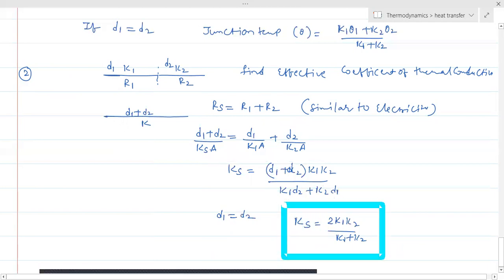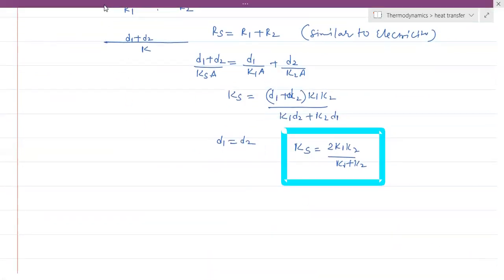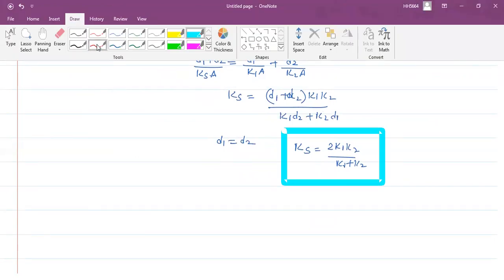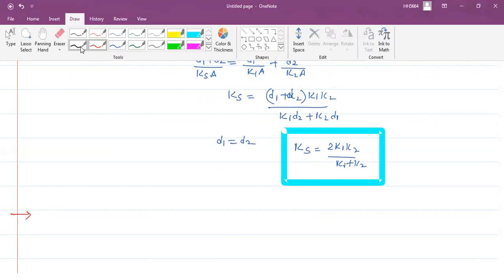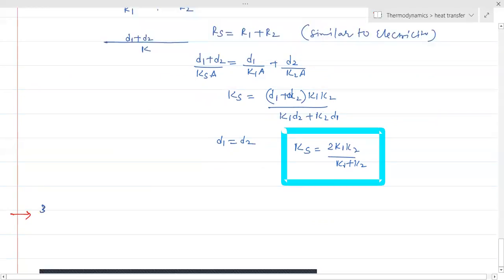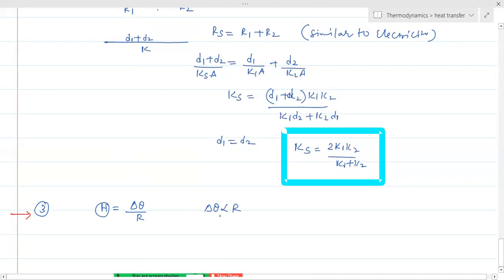So this you have to remember: Ks equivalent to 2K1 K2 by (K1 plus K2). And one more analysis over this series combination: H equivalent to delta theta by R. When H is constant, automatically delta theta is proportional to R. So delta theta is proportional to R, and we use that analysis.